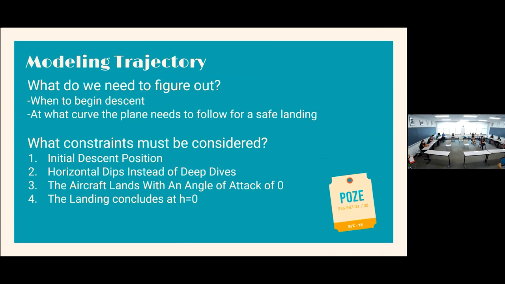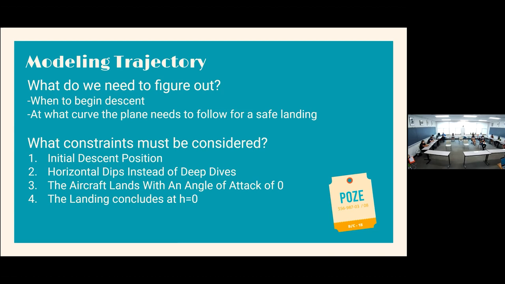And now that we have our 4 forces down, we can move on to modeling the trajectory of our plane. So we need to figure out at what point to begin descent and what curve to follow for a safe landing. We have to consider 4 different constraints, which are the initial descent position, horizontal dips instead of deep dives, because when a plane initially begins its descent, it starts horizontally instead of angling downward, so to protect the cargo and passengers.